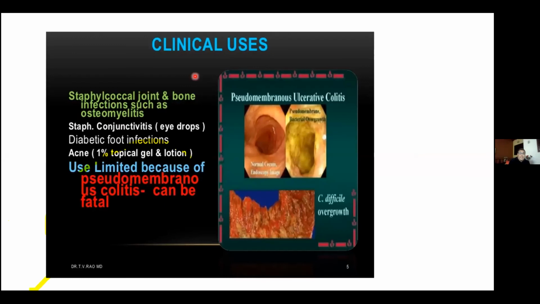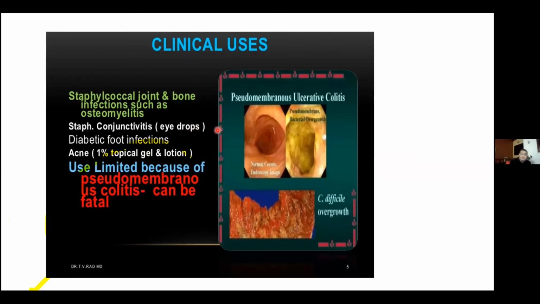The main drawback of the clindamycin preparation is pseudomembranous enterocolitis. That is because of overgrowth of the strain called Clostridium difficile. People will develop diarrhea. If they develop continuous diarrhea, it is better to stop this preparation.